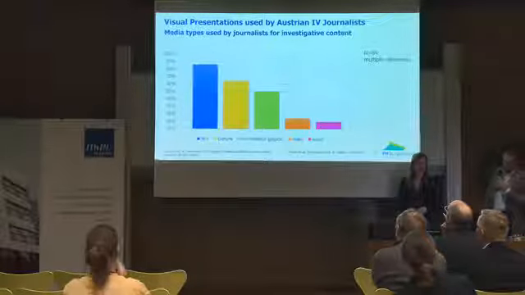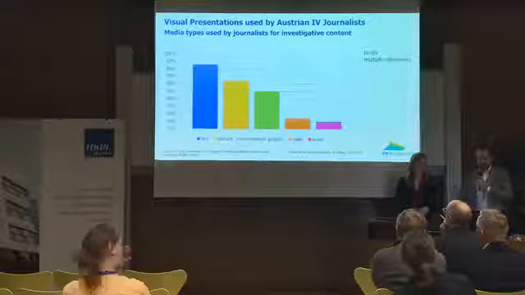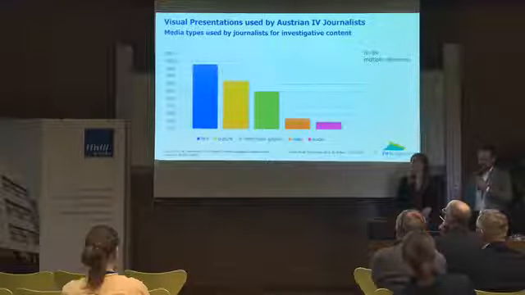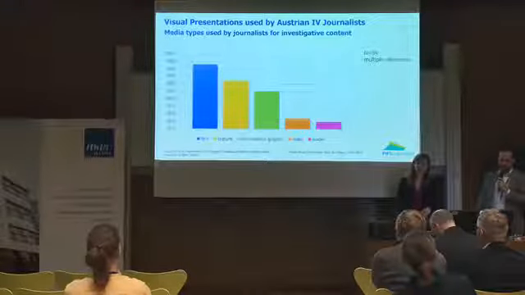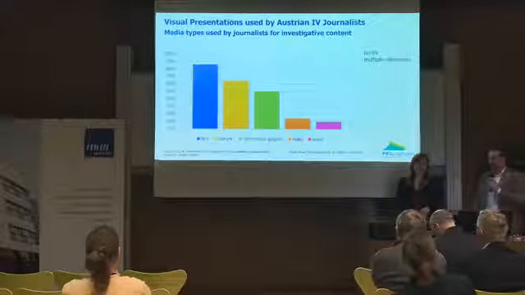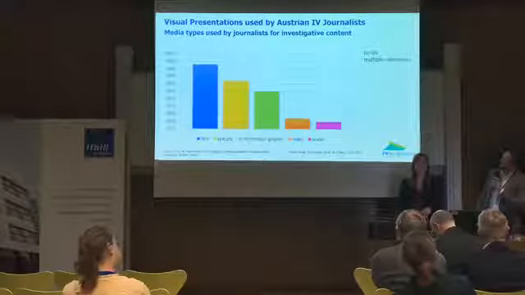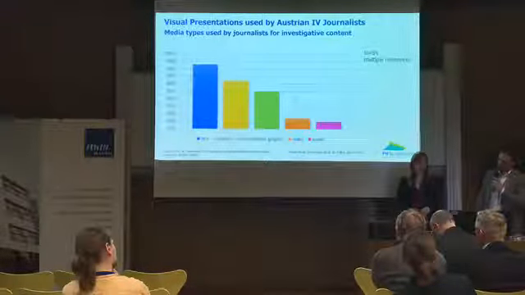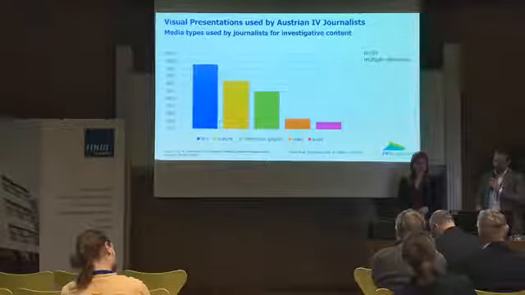When it comes to the media types that they use, it's simple. Text is still very important. Pictures, infographics, and there is a very low use of video and audio. Kind of also relates to what we saw when we inspected the media that Steffi Braunisch was telling us about. So pretty similar.